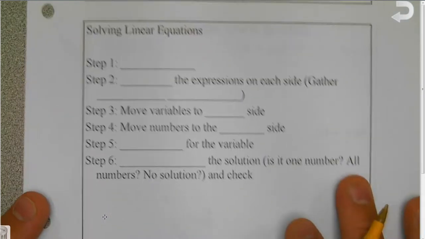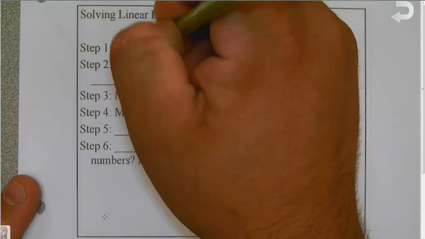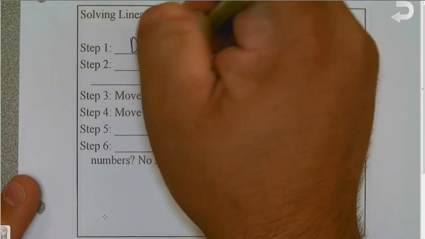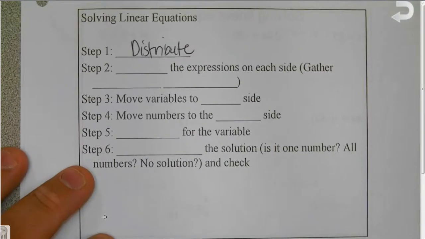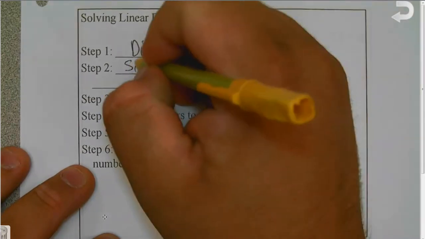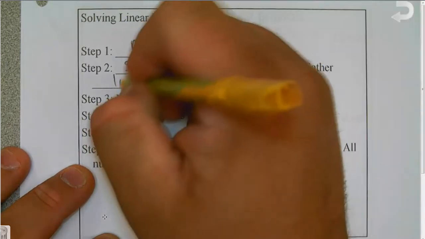Alright. When solving linear equations, the first step is always to distribute if you need to. We're trying to get rid of parentheses. Simplify the expressions on each side, which is basically combining like terms.